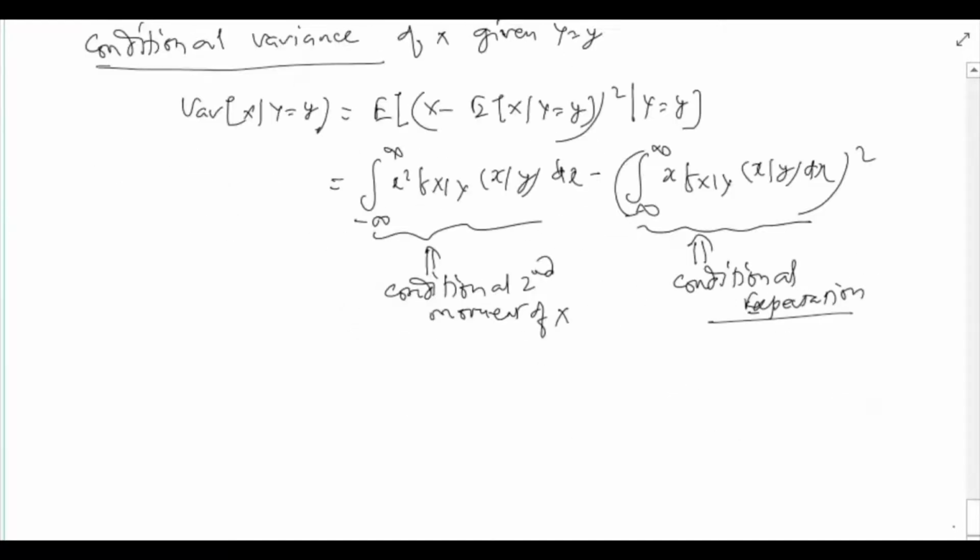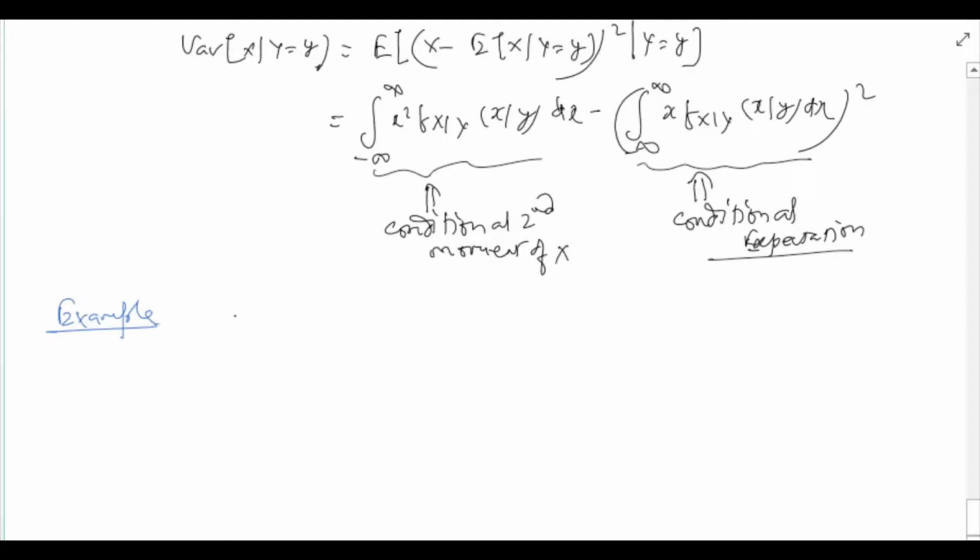Let us illustrate a few of these notions again with an example. For this example, let us consider two random variables x and y and a region S defined as follows. So this region we call S. These points are 0, 1 and 1.